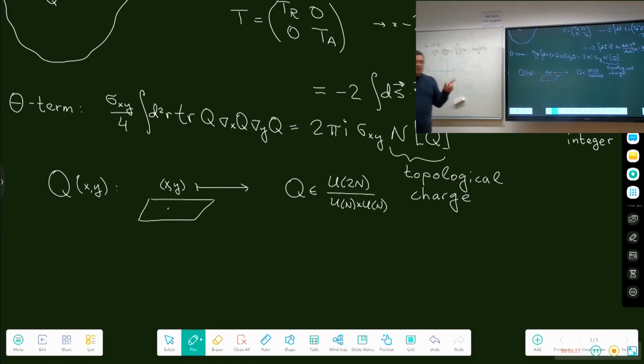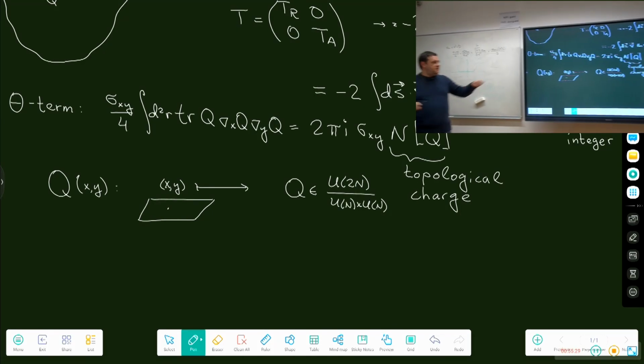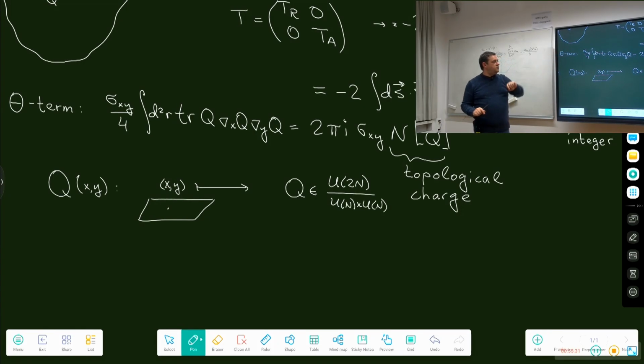Now, what happens when I say that I want my Q matrix to be equal to some constant at the boundary? This is my real space. And at the whole boundary, along this whole line, the Q matrix takes one particular value.